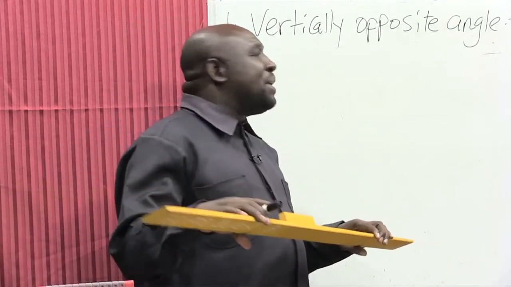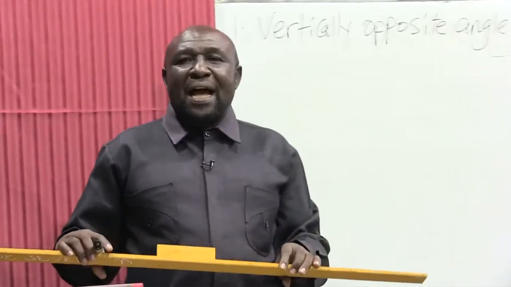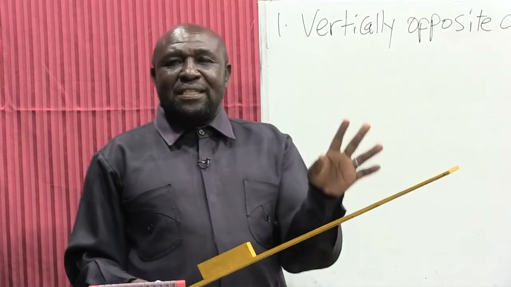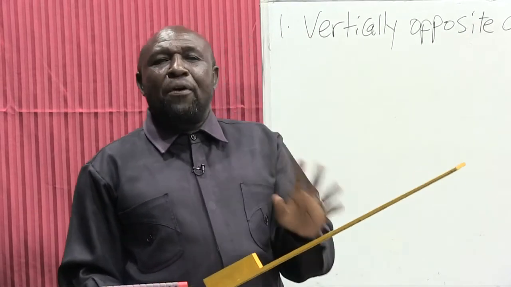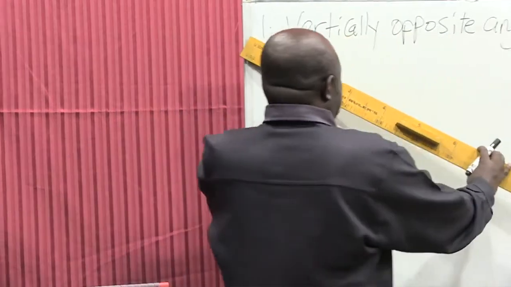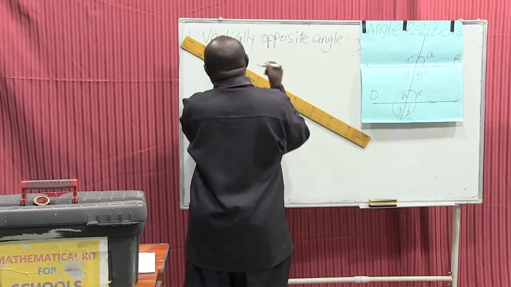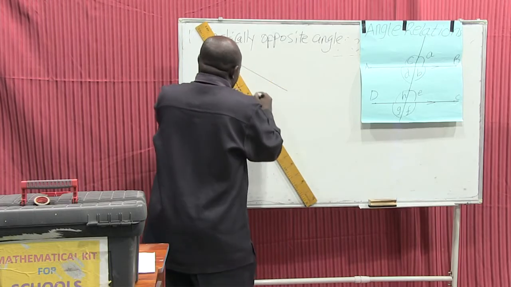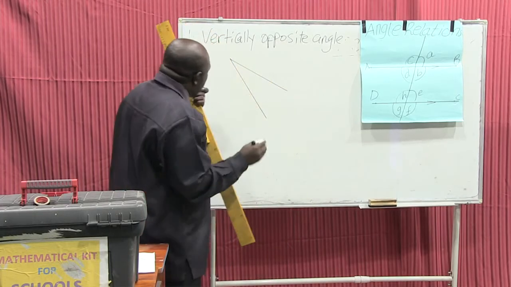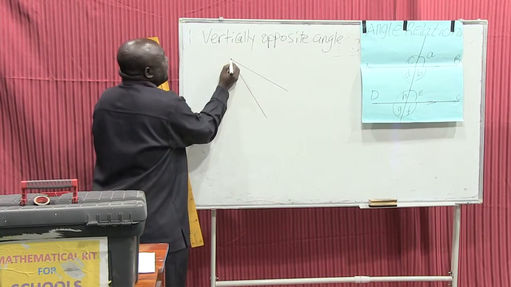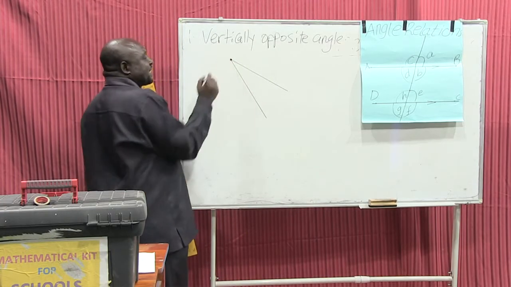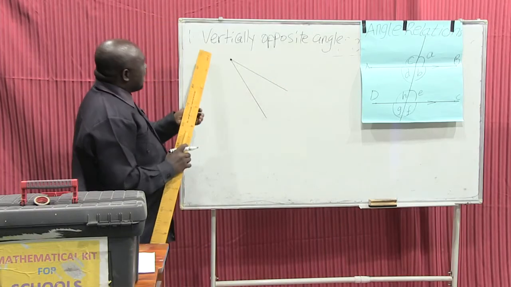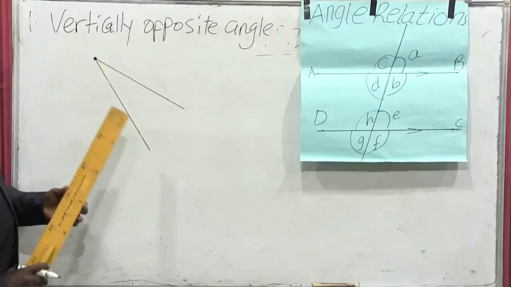For example, this is the point of intersection, and this is a line segment, and this is another line segment.